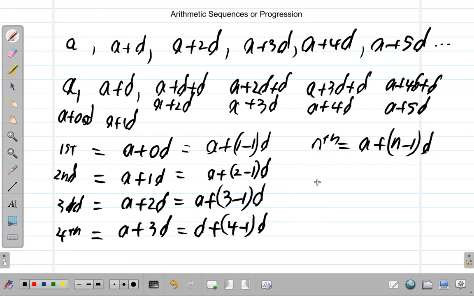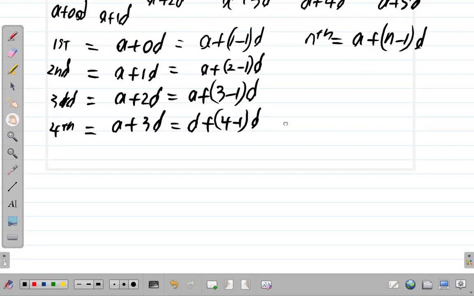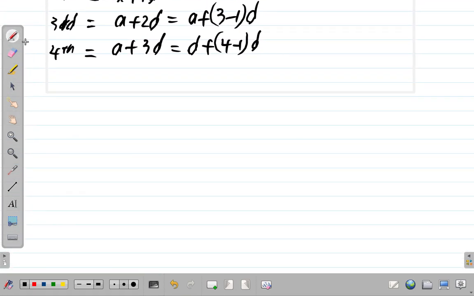So here now, let us look at an example with actual numbers. So remember now, the arithmetic sequence is a sequence such that you have a number, and to get the next term, you keep adding a constant, which is called the common difference. Now, suppose we are to generate an arithmetic sequence, which is also called an arithmetic progression.